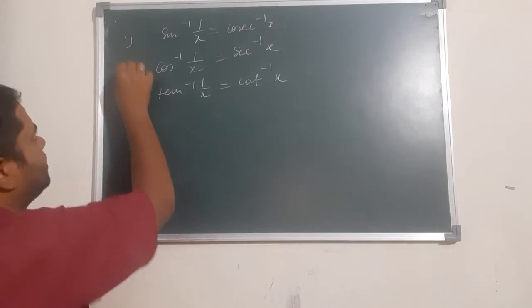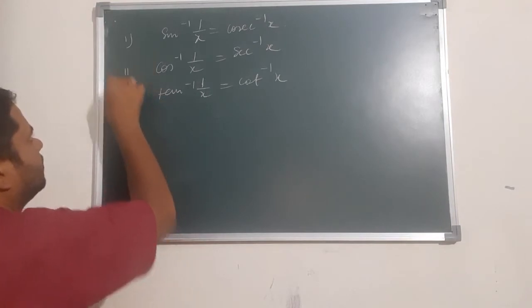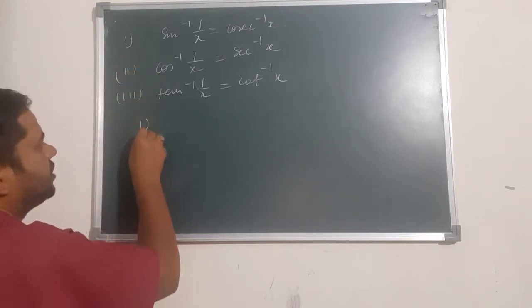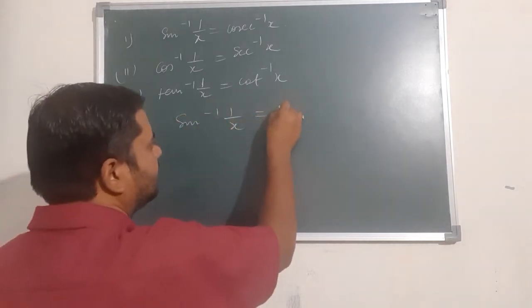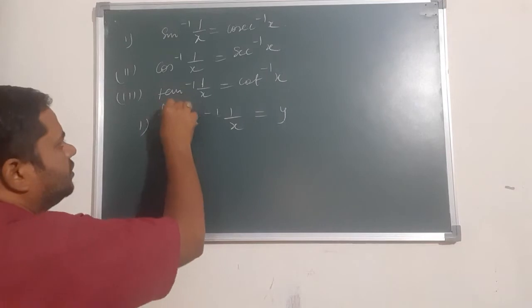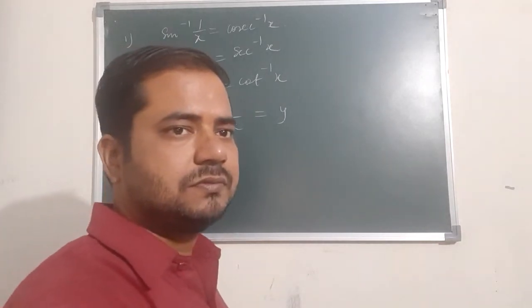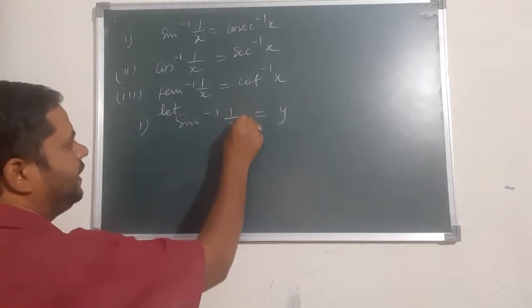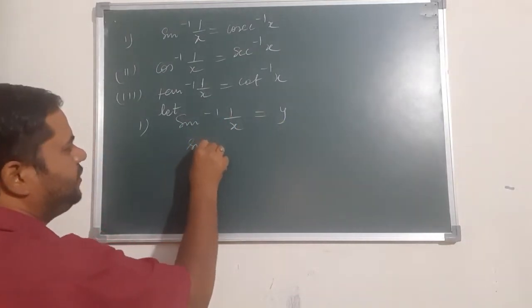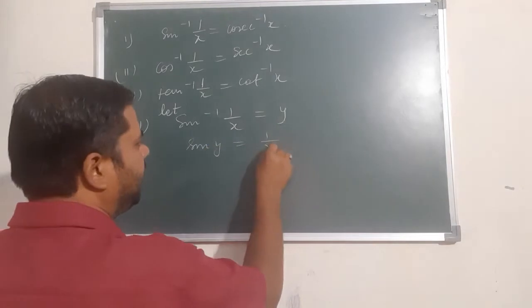So first one is sine inverse 1 upon x. Let sine inverse 1 by x be equal to y. So sine y is equal to 1 upon x.